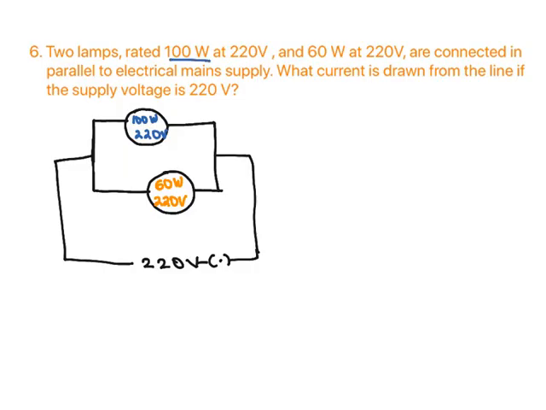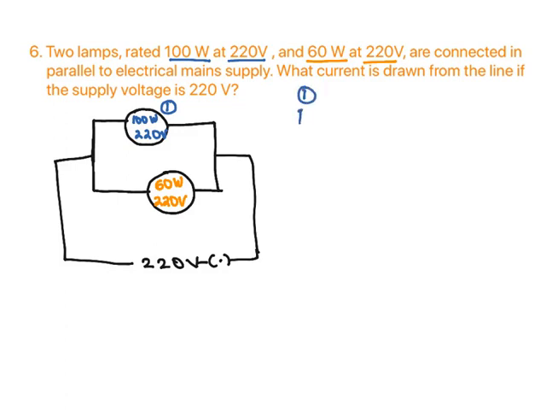2 lamps rated 100 watts and 220 volts and 60 watts and 220 volts are connected in parallel to an electrical main supply. What current is drawn from the line if the supply is 220 volts? So here is our first bulb.